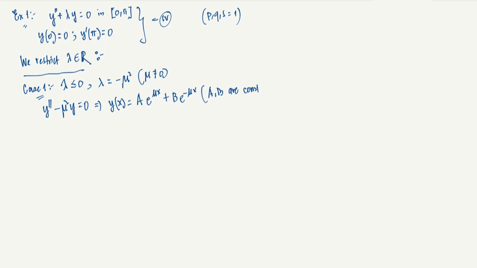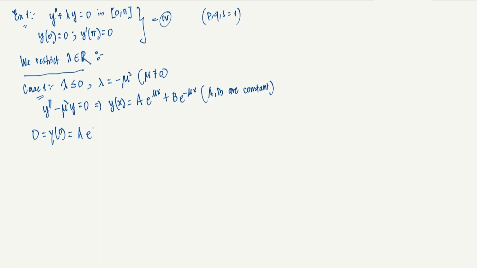Now the question is: how do you find out what those constants are? We put the initial conditions here. So let's just put it. First of all, this is our general solution, right? Now the general solution at y(0) has to be 0. So basically 0 is y(0), which is a times e to the power mu times 0.